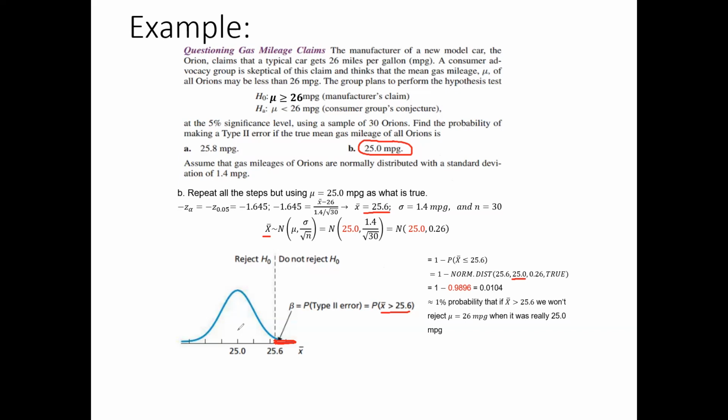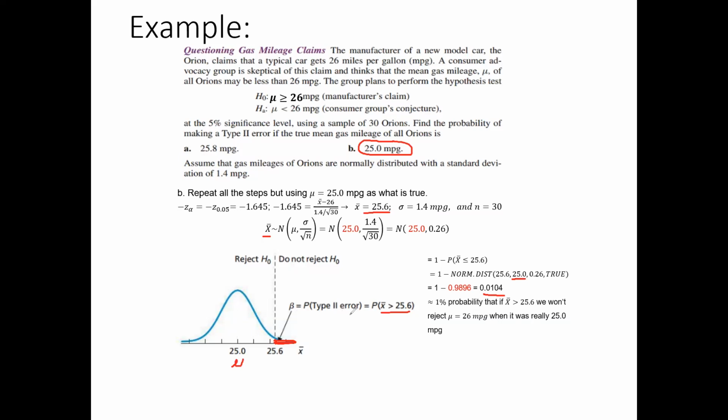We've shifted it all the way over and put it over 25 instead of over 25.8, where it was for part A. So when we do this, we see we have a lot more area now to the left, and all that's left to the right for our beta, for our type 2 error, is around 1%. That if the sample mean is greater than 25.6, we won't reject the null when it was really 25 miles per gallon.